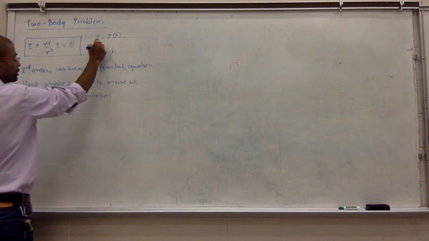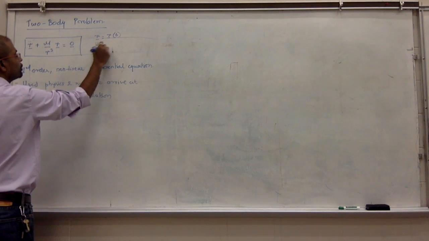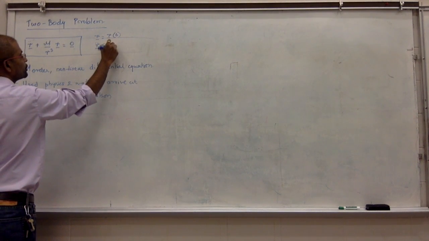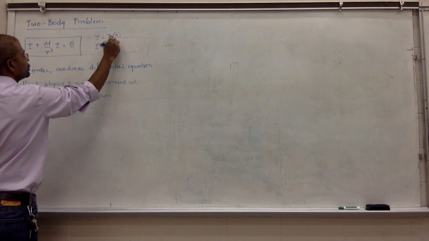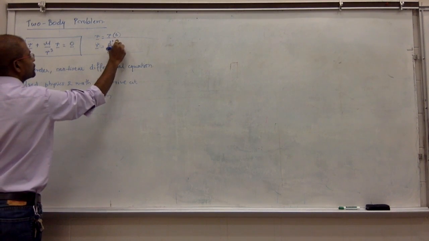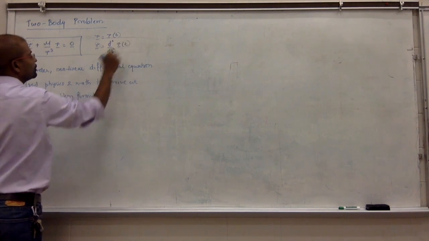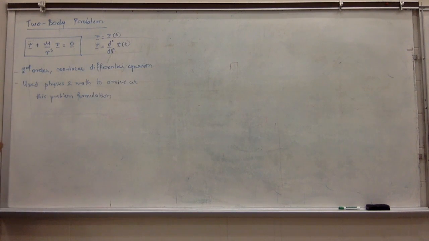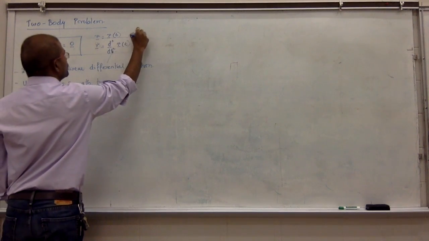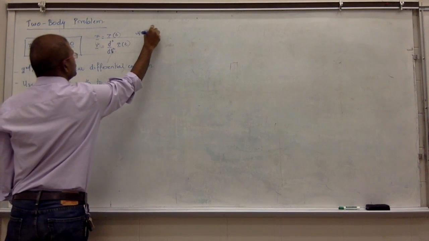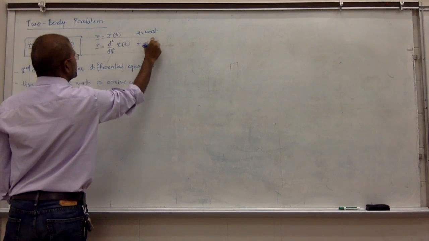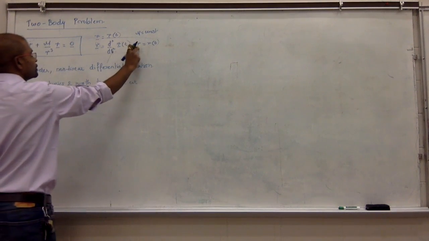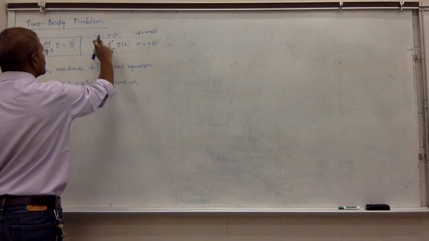So your R double dot will also be d square over dt square R of t. And mu is a constant. Okay. This R is simply again R. So this is the scalar, this is the vector.